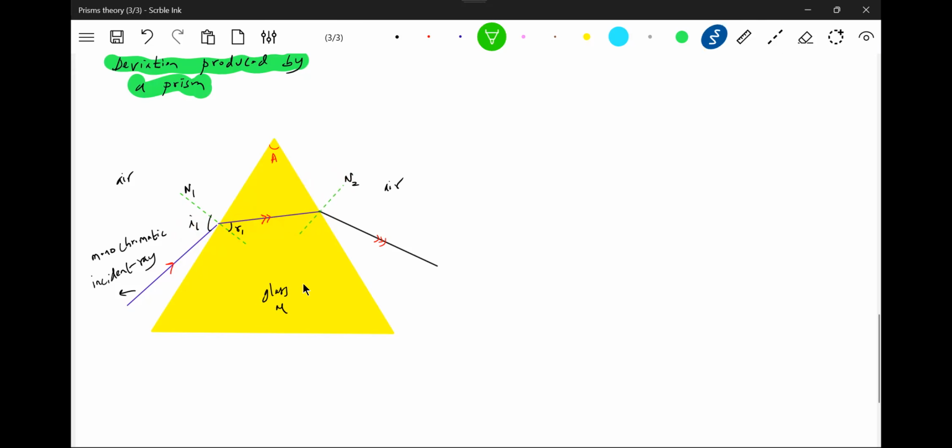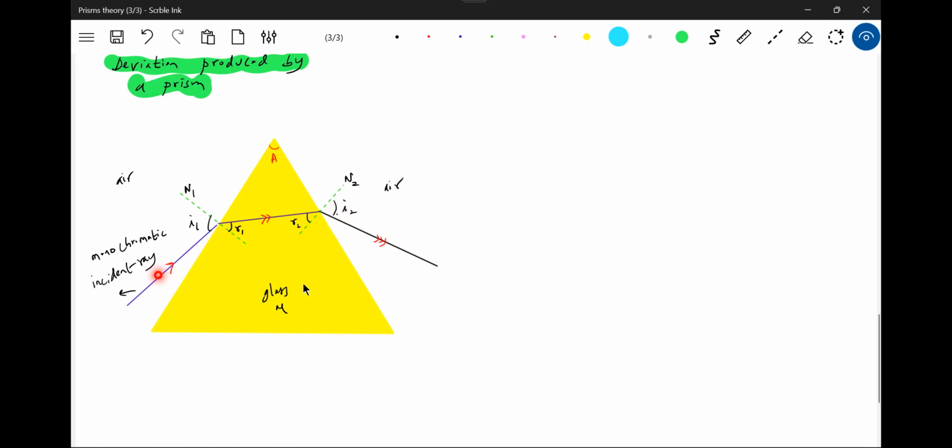Some rough diagram I'm showing. Here the ray is moving from denser to rarer, so it should bend away from the normal. Let this angle of incidence be R2, not I2. And let this emergent angle be I2. This is the refracting angle. The symbol I2 I'm using here.